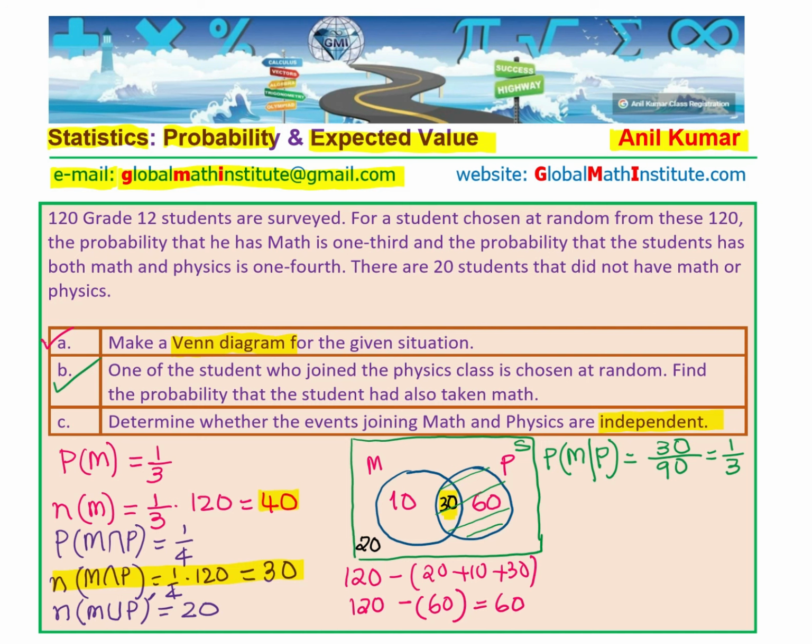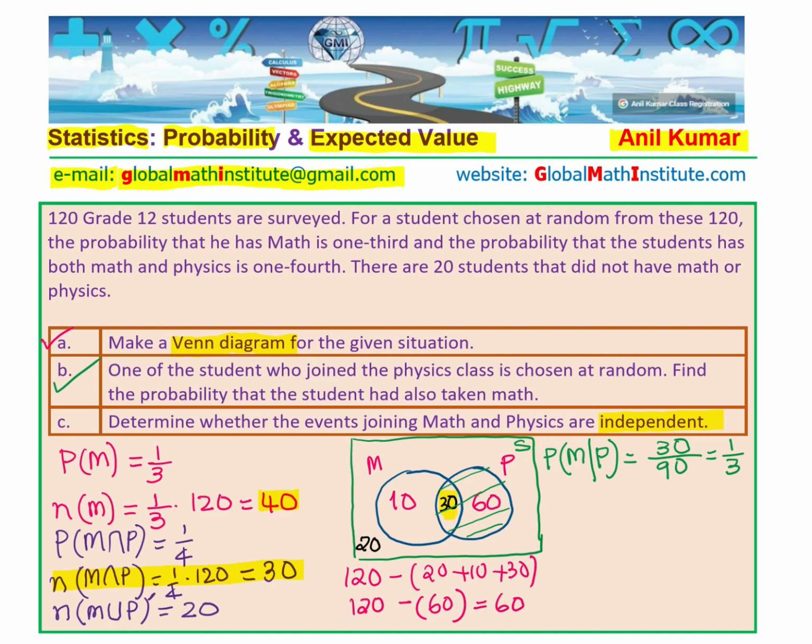Which is probability of P and M intersection divided by the probability of P. We are not using it for now. We are using the Venn diagram to answer this question. I hope it makes sense. Some of you can try from the other side also and get the same result.